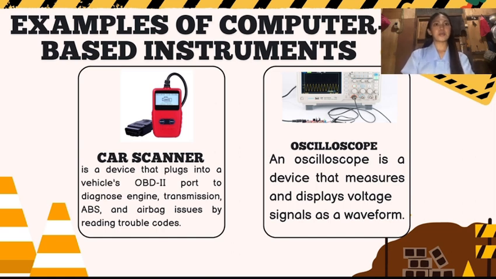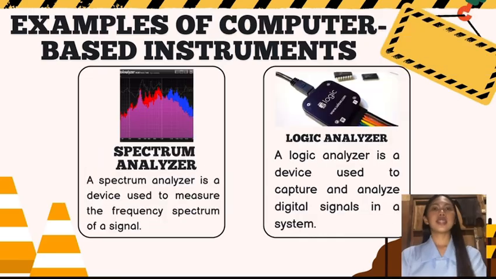An oscilloscope is a device that measures and displays voltage signal as a waveform. The next example is spectrum analyzer. Spectrum analyzer is a device used to measure the frequency spectrum of a signal. Next is logic analyzer. Logic analyzer is a device used to capture and analyze digital signal in a system.